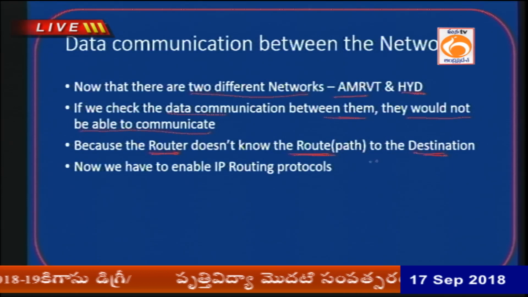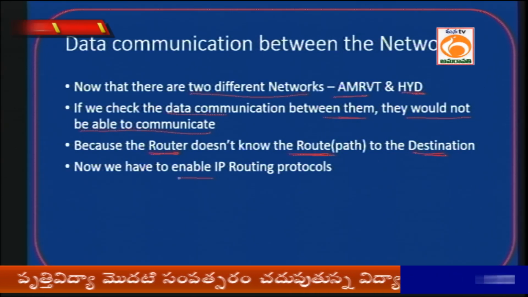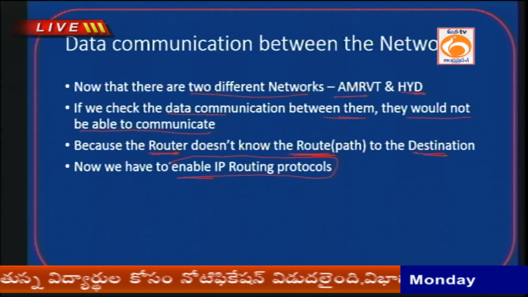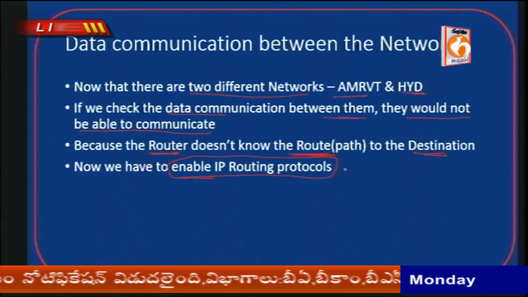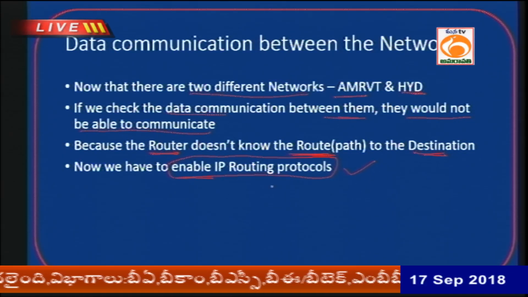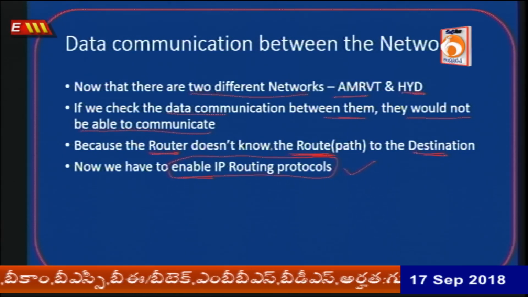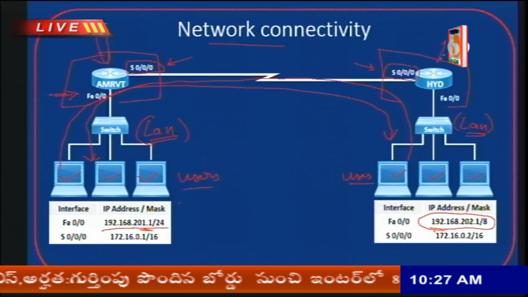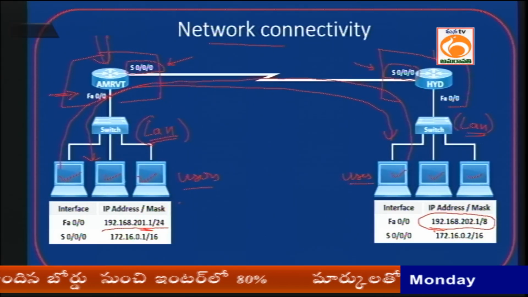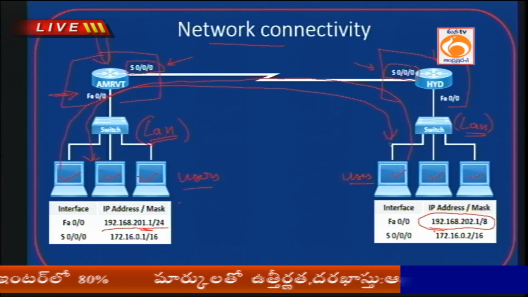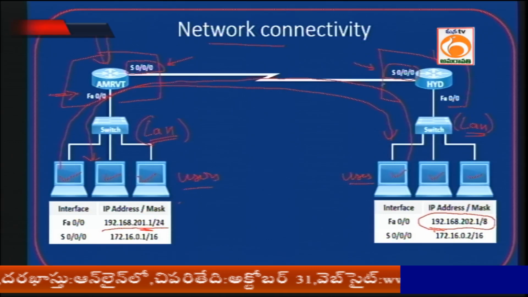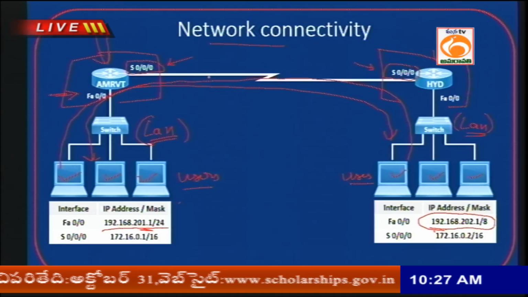So now what we have to do is, on the routers we have to configure the router and then enable the routing protocols. So when we enable the routing protocols on these routers, then the router would forward the request from the local network. Once we configure these two routers with the routing protocols, then the data from one network would be allowed to go to the remote network and vice versa. This would happen only when the routing is enabled on these respective routers.